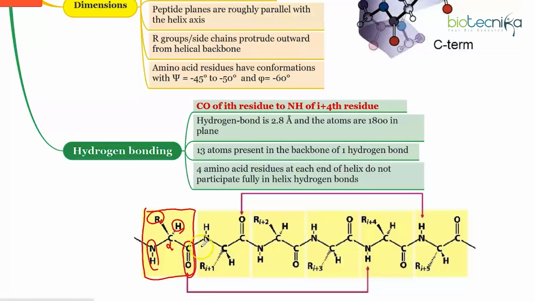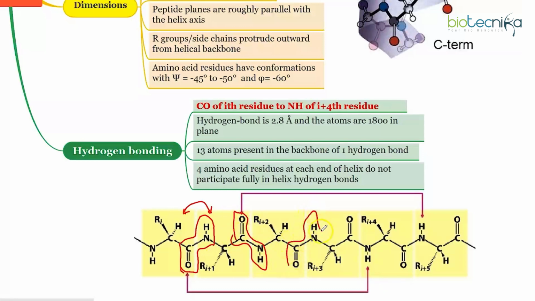Now we know in a polypeptide chain, the carboxyl group of one amino acid is joined with the amino group of the next amino acid. So between these two yellow blocks, what you can see is the peptide bond. Like that here also you have another peptide bond. Between all amino acids you have these peptide bonds. That means how many amino acids are there?